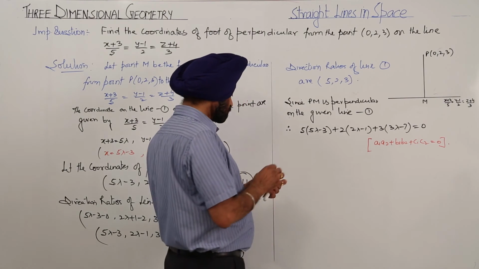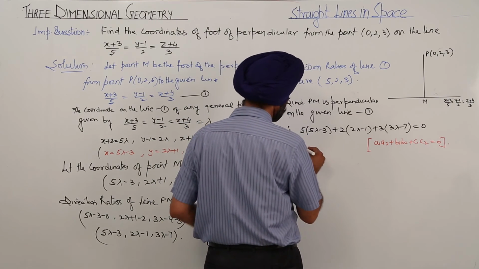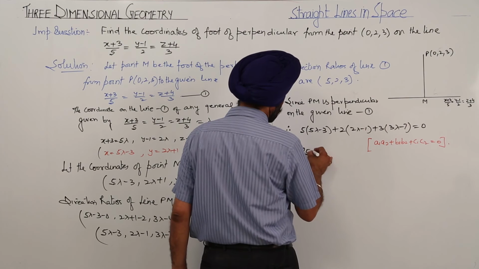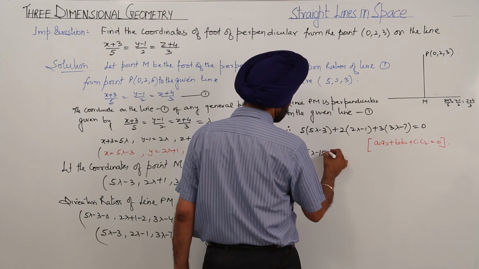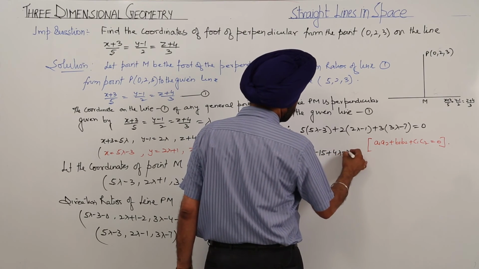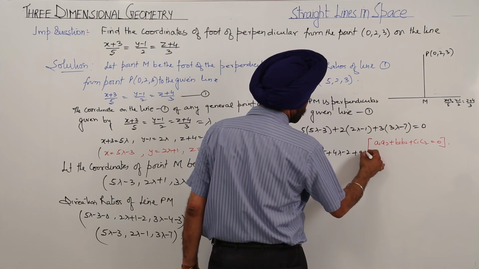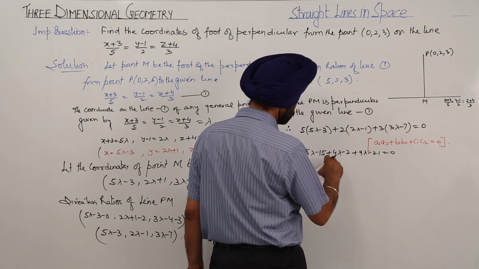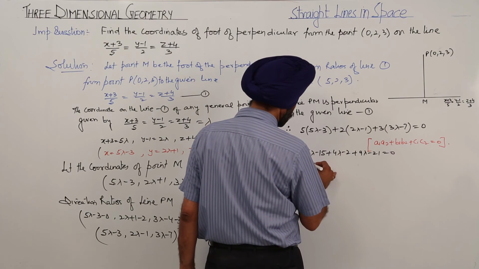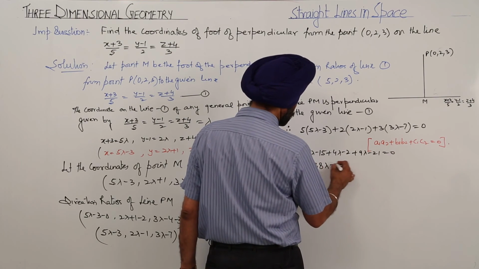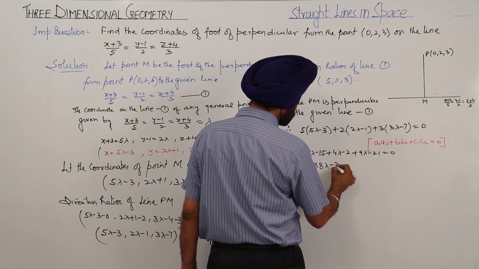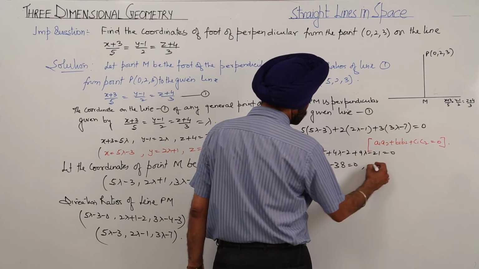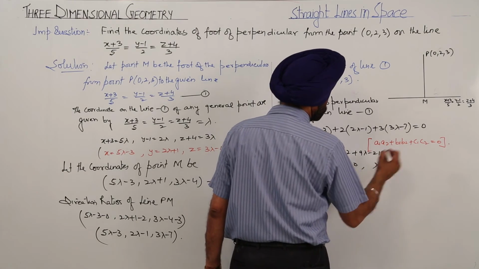Now solving this one, what do we have? 25 lambda − 15 + 4 lambda − 2 + 9 lambda − 21 = 0, that is 38 lambda − 38 = 0, or lambda = 1.